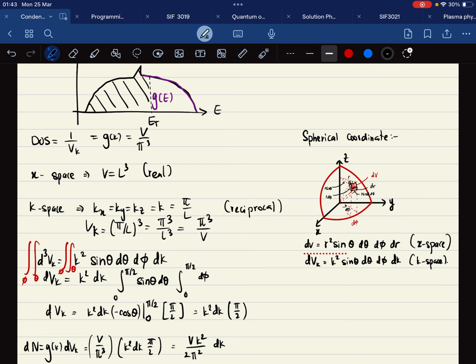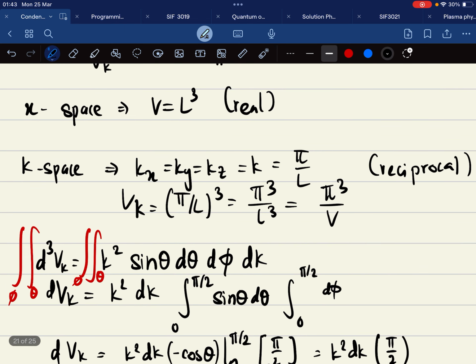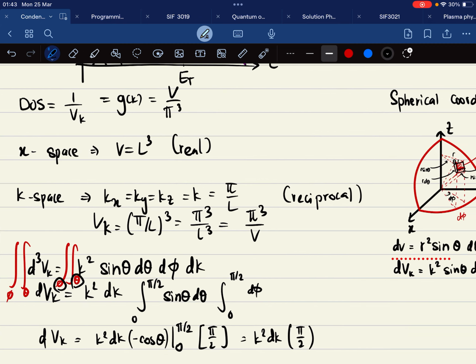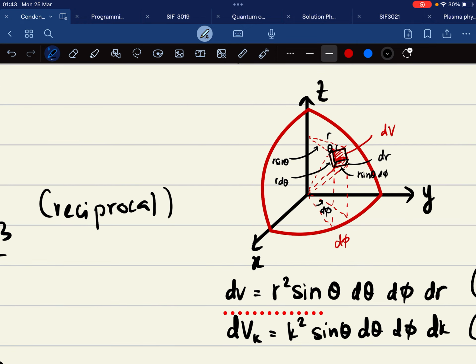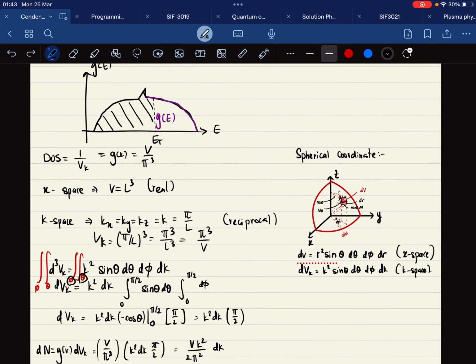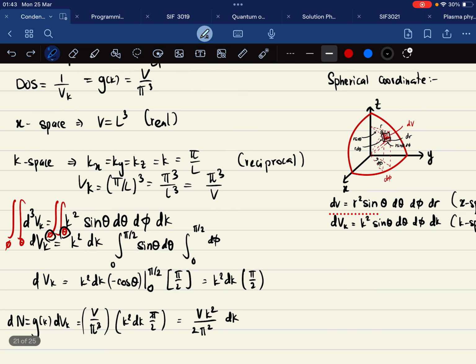Then we need to integrate twice with respect to the angles phi and theta. Phi is the azimuthal angle and theta is basically this one. We integrate only twice because we don't integrate with respect to k, because k depends on the energy.